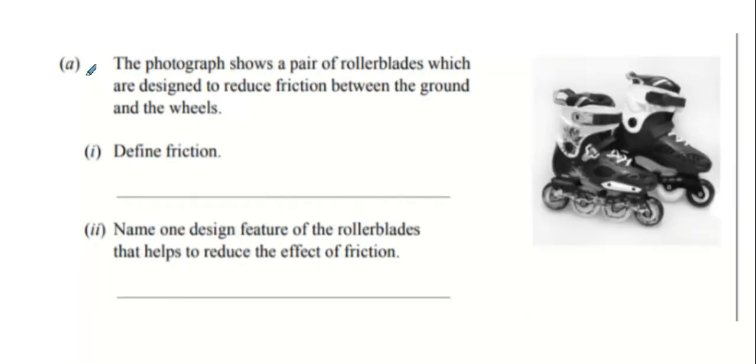Let's move on. The photograph shows a pair of rollerblades which are designed to reduce friction on the ground between wheels. Friction is a force when two objects rub against each other.